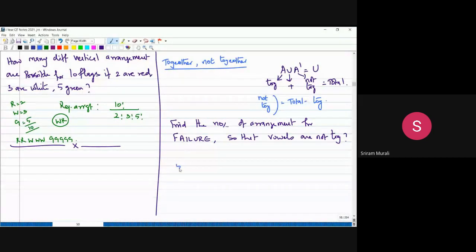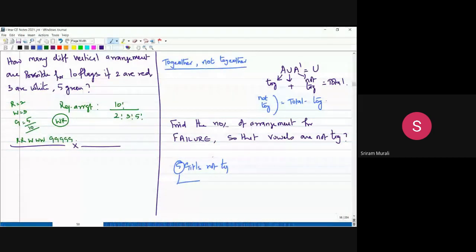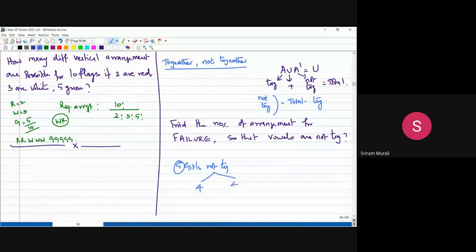Why are we doing it like this? Suppose I say five girls not together, the condition is given on five. Five girls not together can be bifurcated into cases. Four girls can be together, four girls need not be together. Or three girls can be together, three girls need not be together.